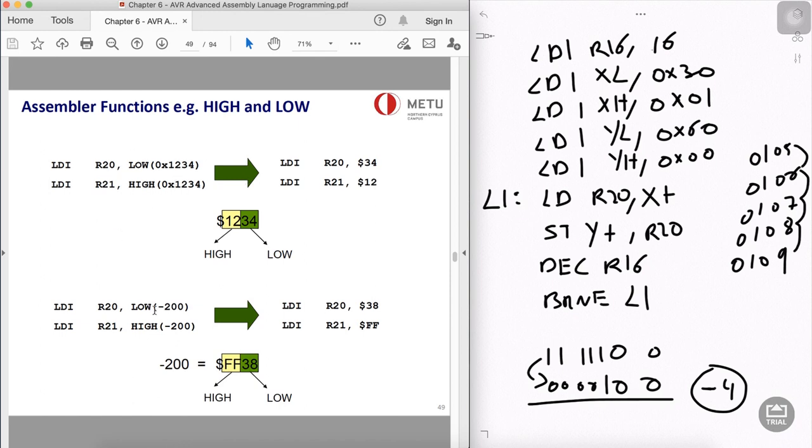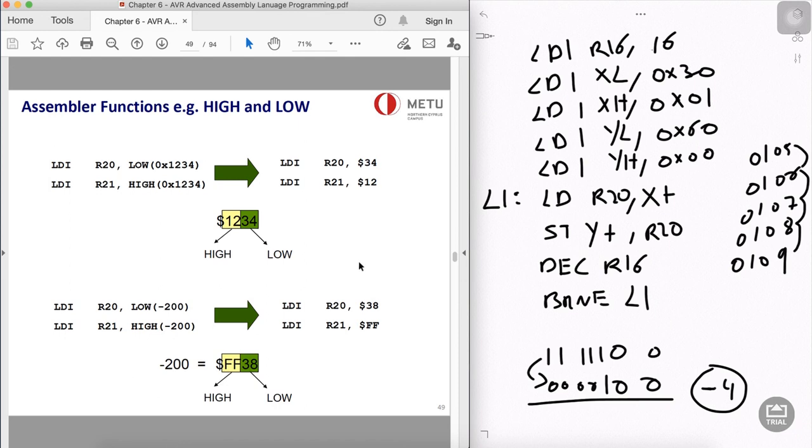Or low -200, you can convert that, the AVR automatically converts that to FF38, and it will get 38 as low and FF as high. Okay, so you don't need to deal with these separate definitions. You can just use low -200 and high -200, and AVR deals with that for you.